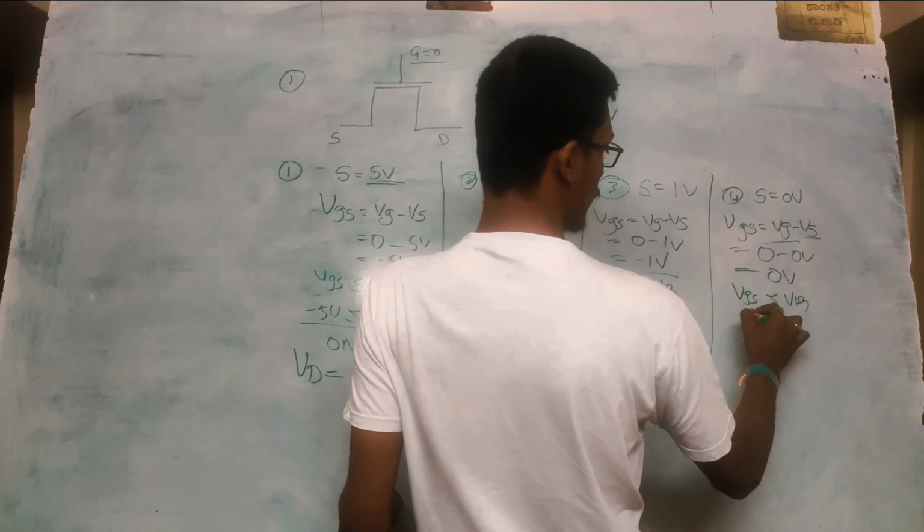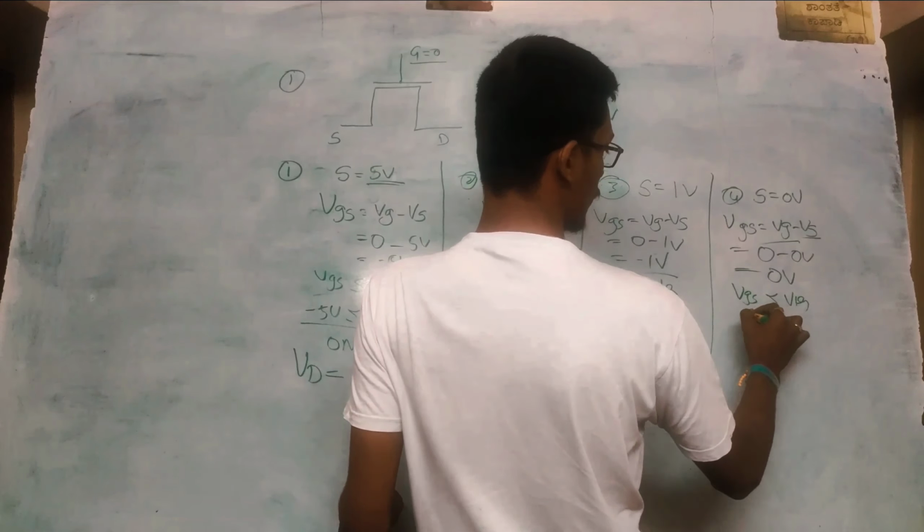This condition is not satisfied, so my transistor will remain in the off state. So what is my VD here? If the transistor doesn't obey this condition, it will keep the previous value. So I'll get the output voltage as 1 volt.